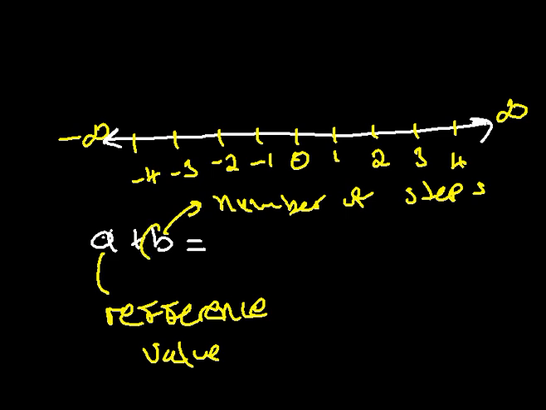So if b is positive, it means we need to move b steps from the reference number a towards the right. And otherwise, if b is negative, it means we need to move b steps from a towards the left. So take note of that.